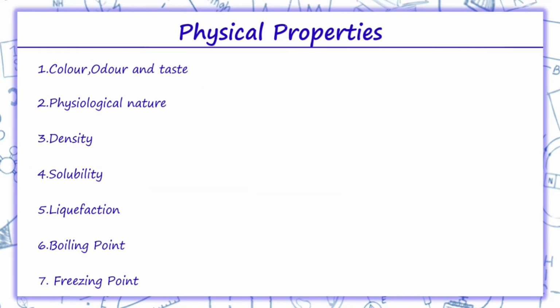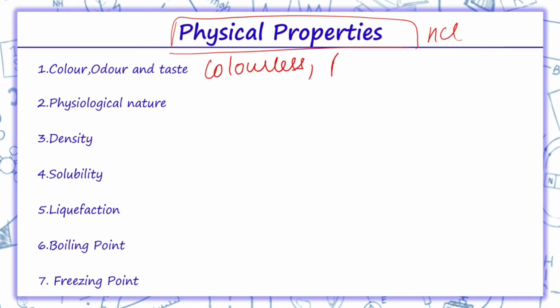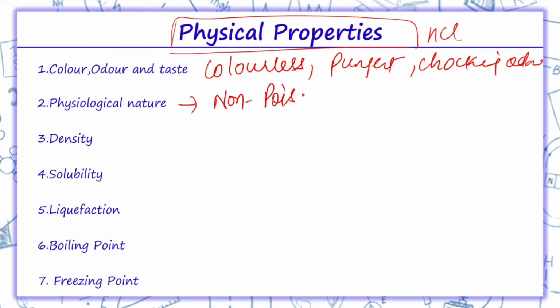Now coming to the physical properties of hydrogen chloride gas. When we talk about its color, it is a colorless gas with a pungent, choking odor. When we talk about its physiological nature, it is non-poisonous, but if inhaled it causes a burning sensation. Density: 1.28 times heavier than air.